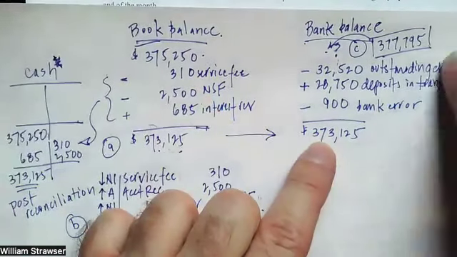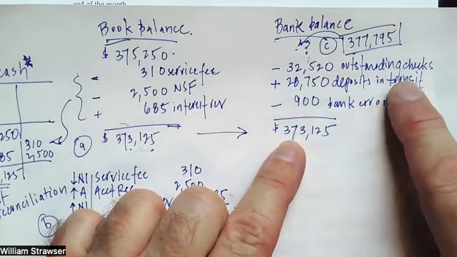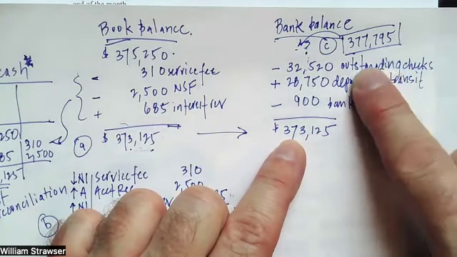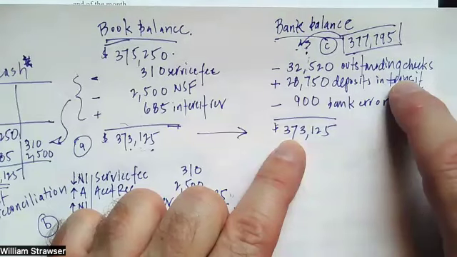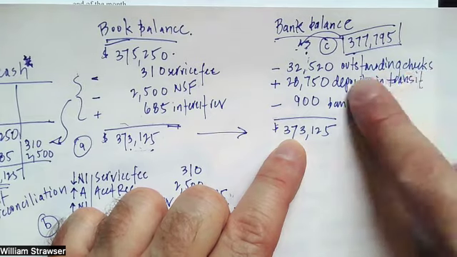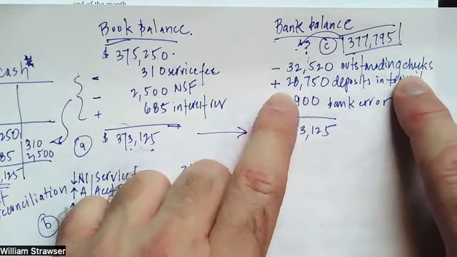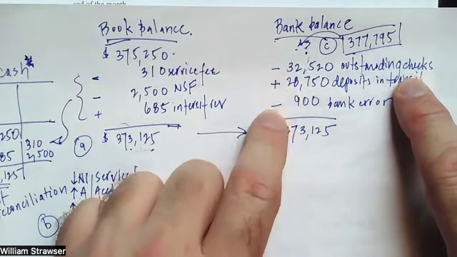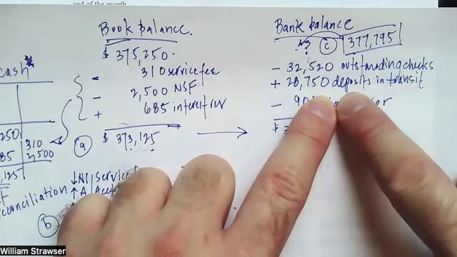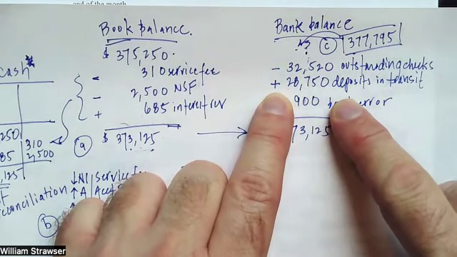Over here, understand what the outstanding checks are and the deposits in transit are. These are checks, outstanding checks written by my company. And the person I wrote them to hasn't deposited them yet, so they haven't cleared my account. They haven't been deducted out of my account. These are deposits I've made as a company that have not yet been added to my account.